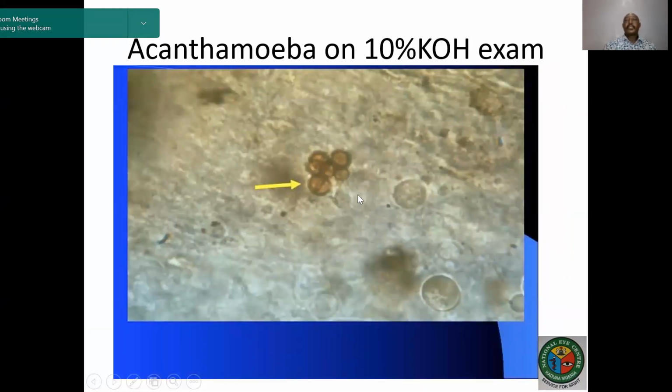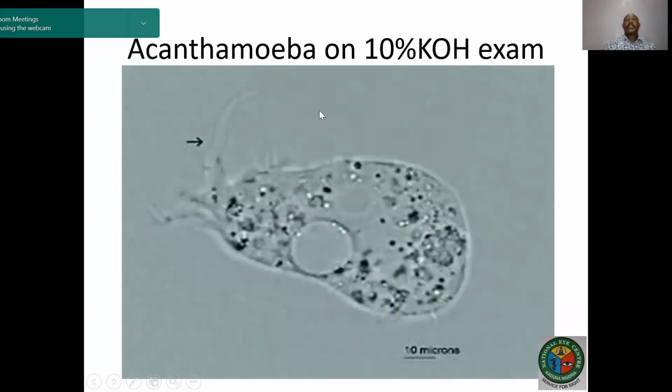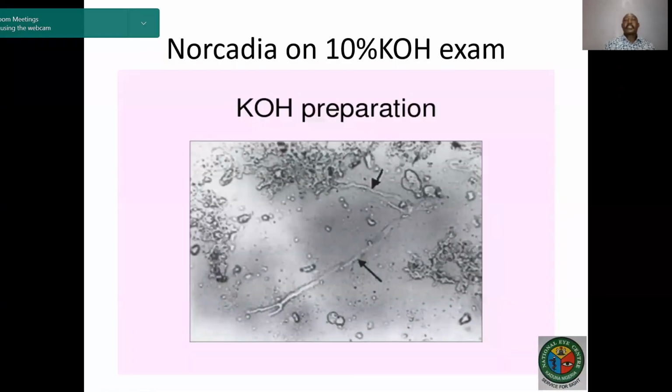This is yet another magnification of Candida, and at a higher magnification, the details become more prominent. Apart from Candida, KOH is also very sensitive in identification of Nocardia bacteria. And you can see the lengthy nature of the organism.